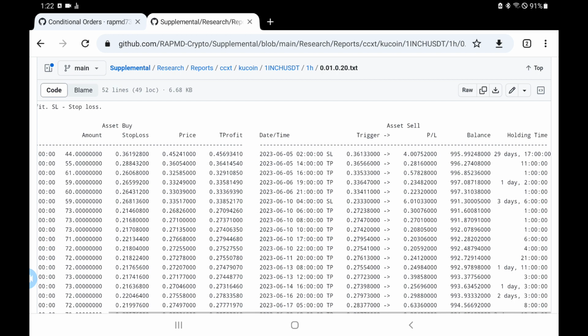For example, a standard or common risk to reward ratio is 2 to 1. So for every loss you take, you make 2 times the profit. The problem with that is you are likely to take twice as many stop losses because the stop loss is closer to your purchase price than your take profit.